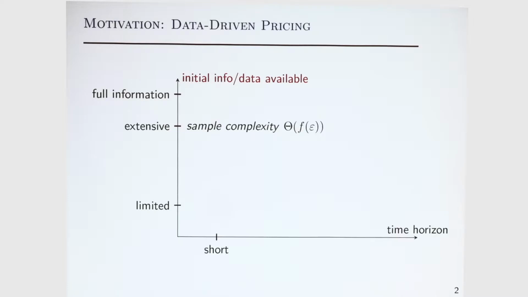And also there is another dimension across which there are different works about data-driven pricing, which is the time horizon. So there is the short time horizon, meaning the static one time period, as well as the dynamic version of data-driven pricing, where as a seller, we try to collect the samples on the fly and try to find the optimal price by exploiting and exploring the data that we have.